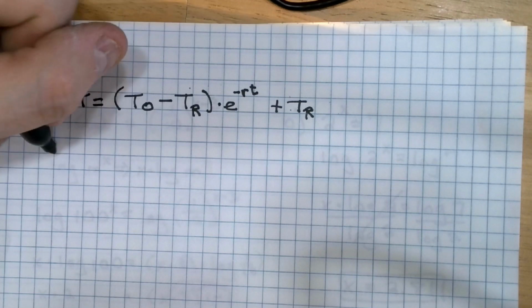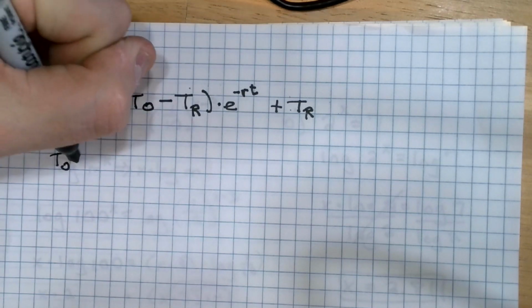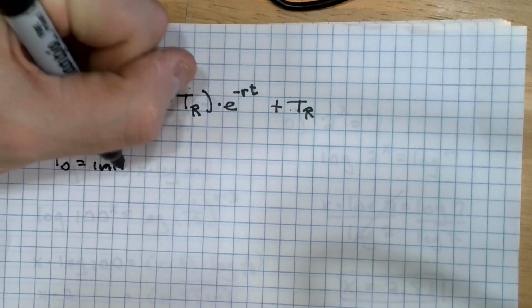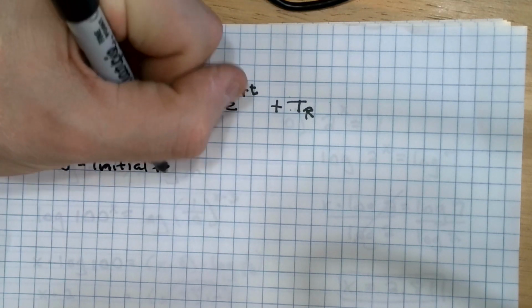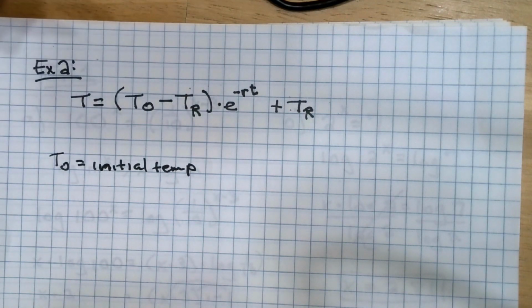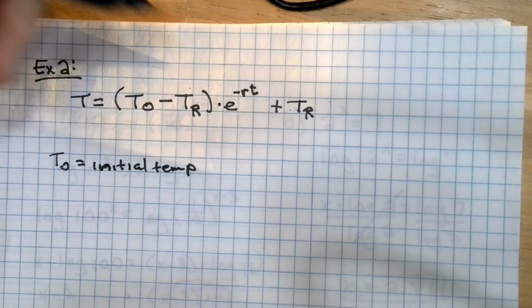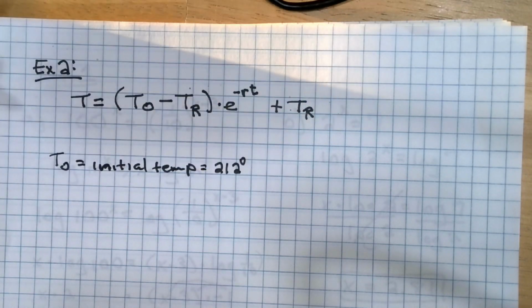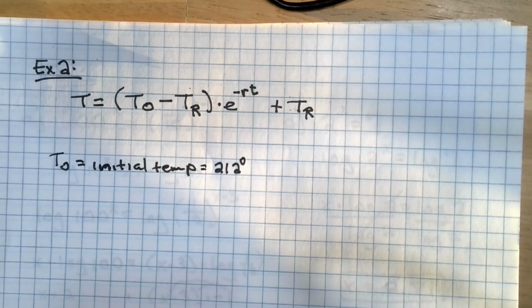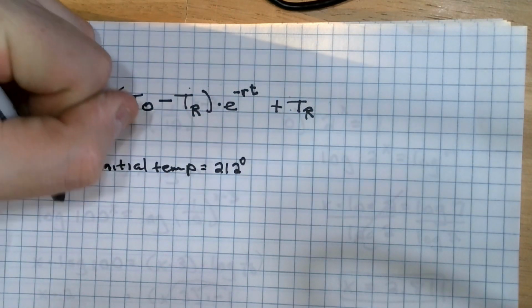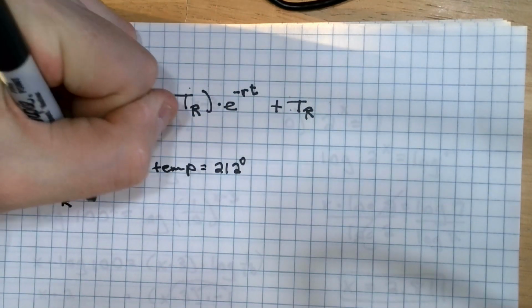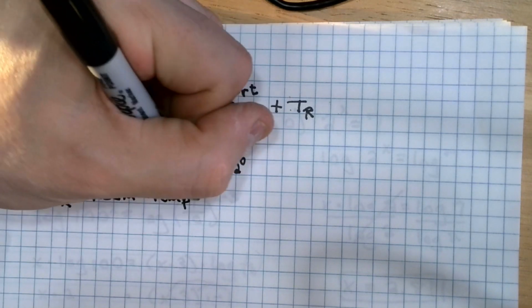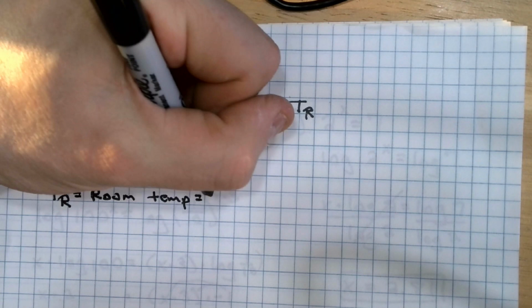All right, so let's talk about T sub 0. T sub 0 is the initial temperature of the stew, so initial temp. And we know if we look back at the problem, the initial temperature of the stew is 212 degrees. So that's going to be our T sub 0, our initial temperature. Our T sub R is our room temperature. The room temperature, it says in the problem, is 70 degrees.